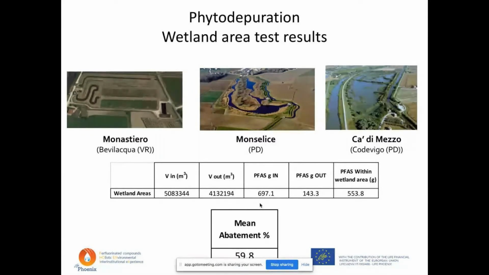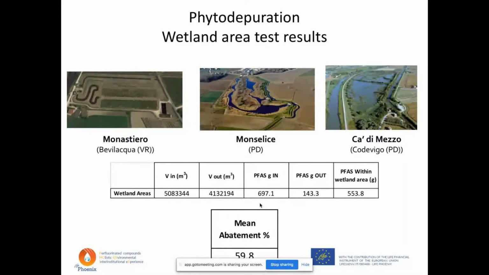The water volume flowing inside and outside the system is really huge, more than 5 million cubic meters each year that could be treated within the area. The total PFAS load that could be treated from the volume of water that passes through this wetland system is more than 500 grams.